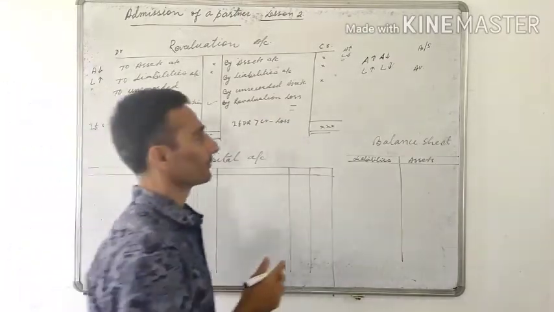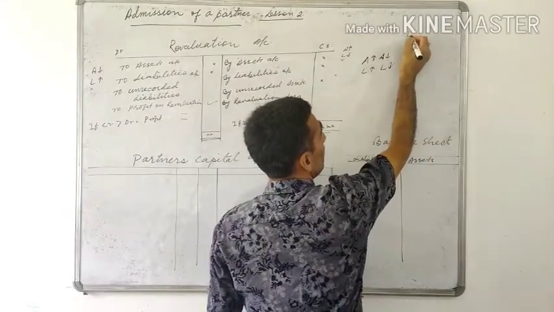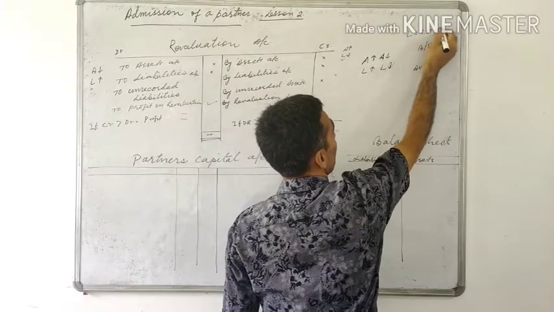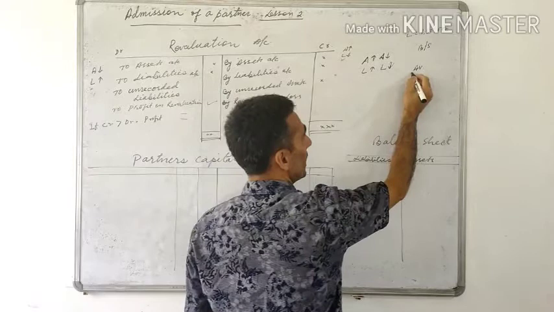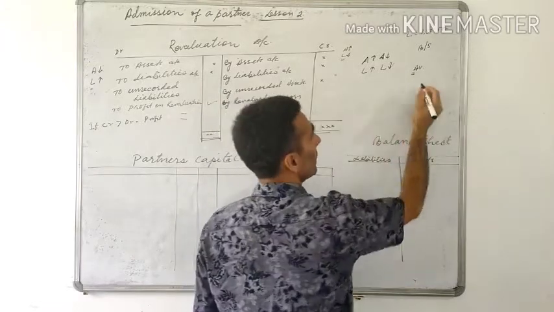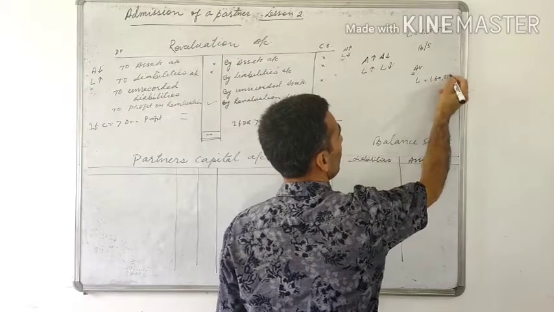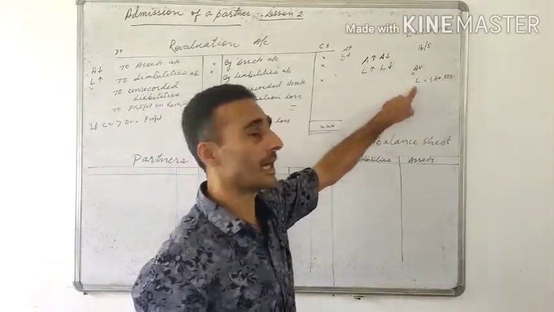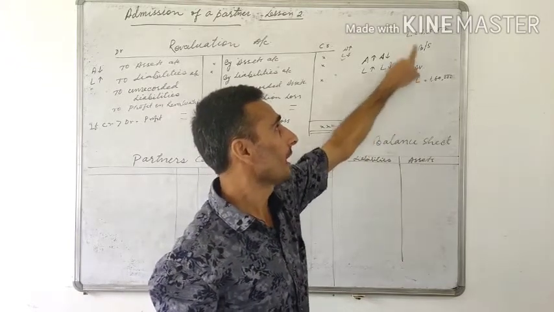Take for example, say land is valued at 1,50,000 in the balance sheet, and the agreed value on the date of admission is say 1,60,000. So what do we find here? The value of land has increased by 10,000 because this is the new value and this is the old value.